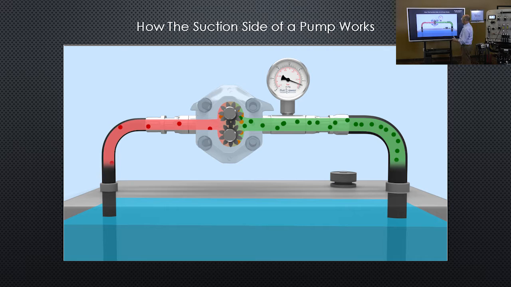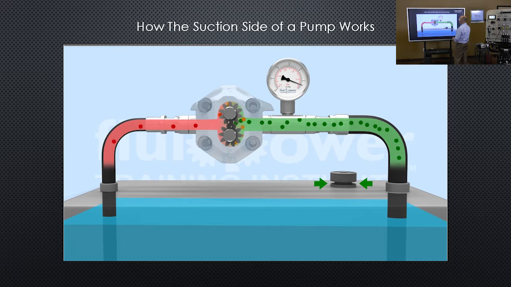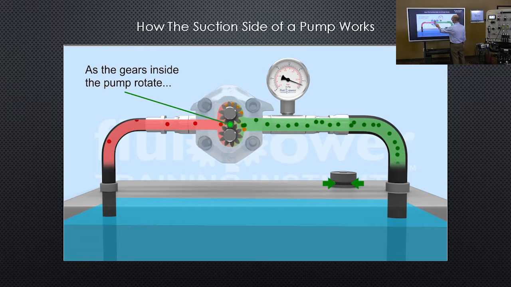Here again is a hydraulic pump. Let's start it up. And again, what's going to happen is as the gears unmesh, they'll form a vacuum. Atmospheric pressure pushing on top of the oil will push the oil into the gear. So there you can see that the pump is creating a vacuum.